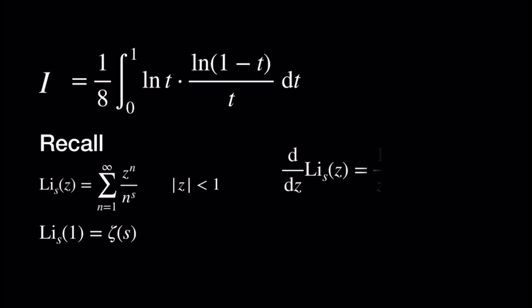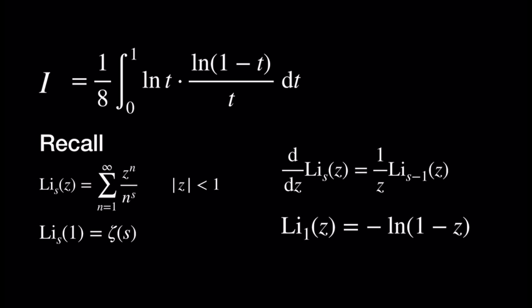Also, if we differentiate Li sub s, we're going to get 1 over z times Li sub s minus 1 at z. Now, in particular, if we replace s by 1, we're going to get Li sub 1 of z equals negative log of 1 minus z.